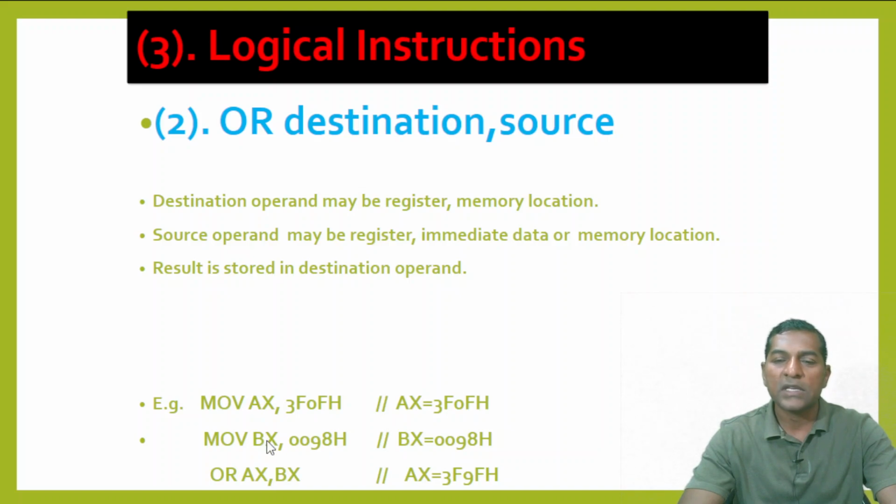Now AX and BX are ready, then the OR operation is applied on these two registers. After applying this OR operation, the final result will be stored in AX, and the result will be 3F9F.